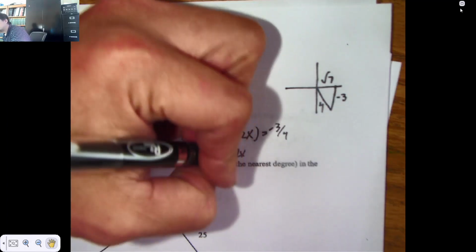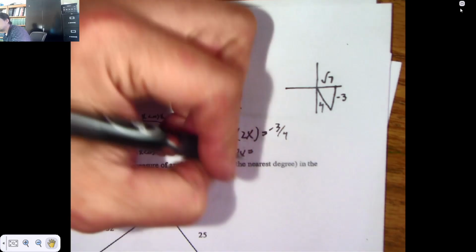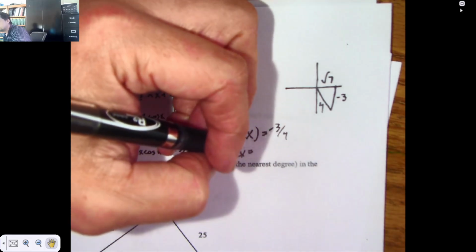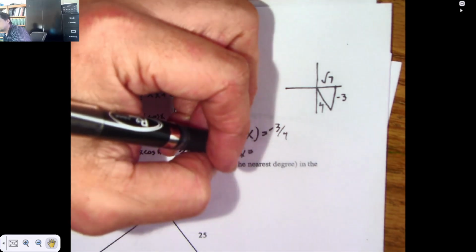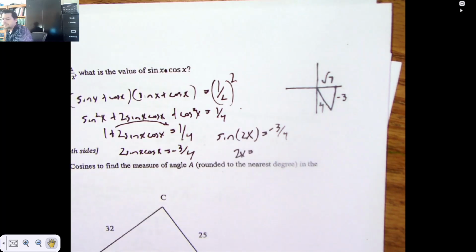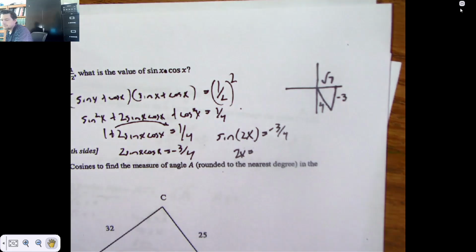So 2x is equal to, well, that doesn't make sense. Oh, because I'm an idiot.